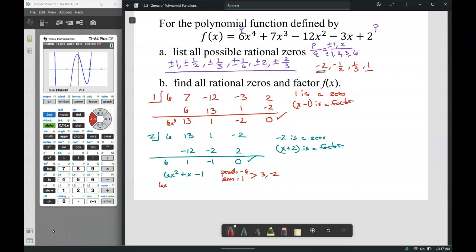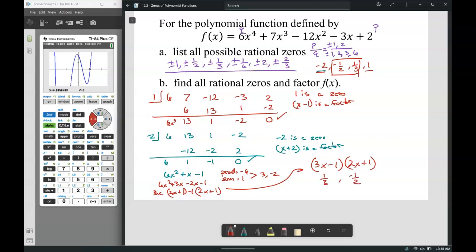So we have 6x squared plus 3x minus 2x minus 1. So we get our final factors of 3x minus 1 and 2x plus 1. And those match up with the corresponding zeros that we had up here of 1/3 and -1/2.